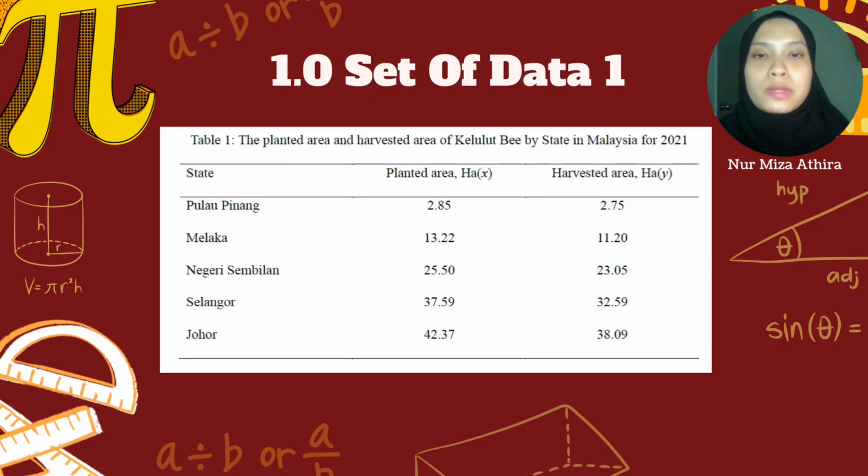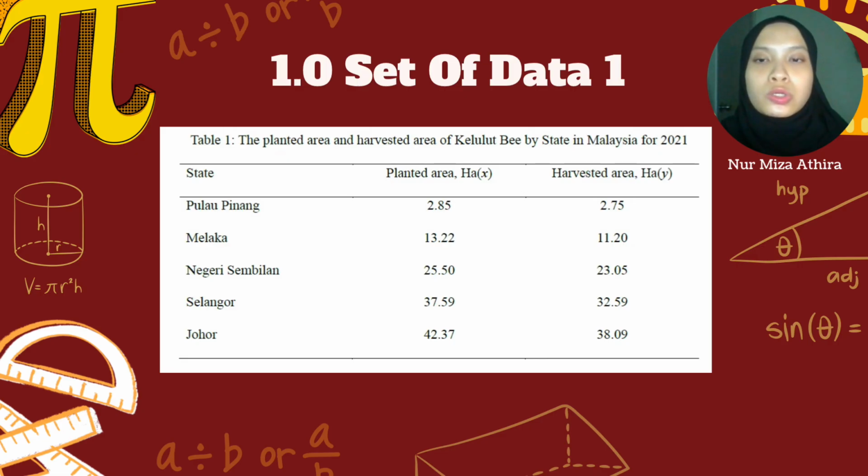Table 1 shows the planted area and the harvested area of Kelulut B by state in Malaysia for the year of 2021. From the table, we can say that Pulau Pinang has the smallest planted area, which is 2.85 hectare, and the smallest harvested area, which is 2.75 hectare, compared to Johor has the largest planted area, that is 42.37 hectare, and the largest harvested area, that is 38.09 hectare.